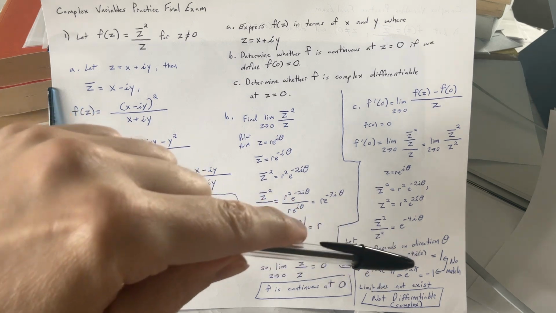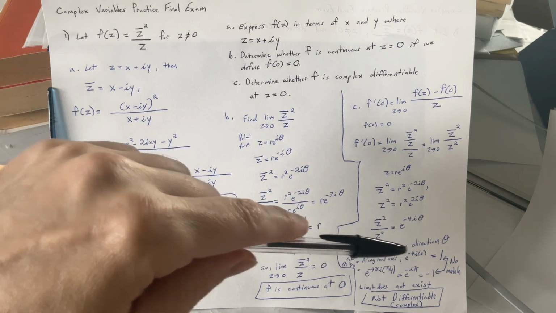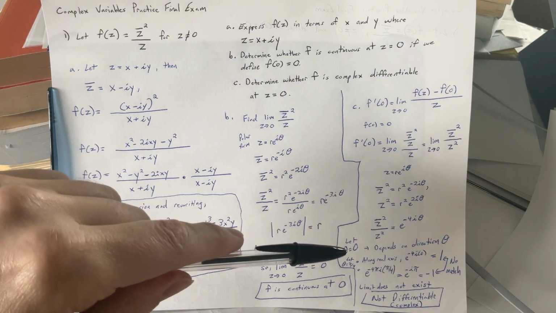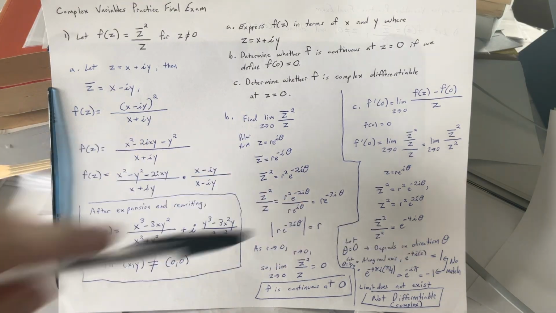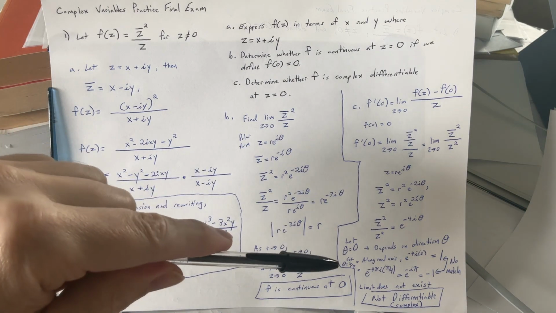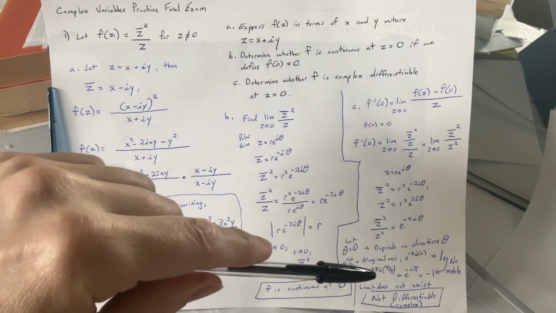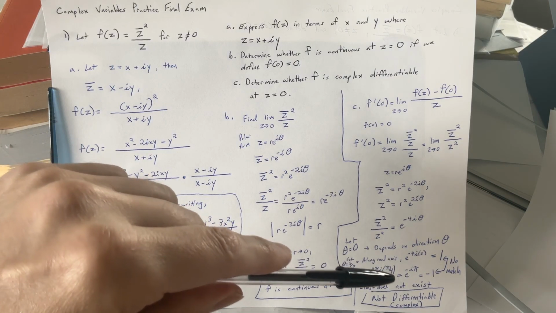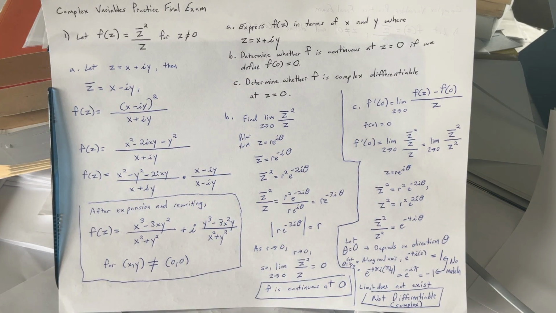Now here, if you take a look, along the real axis, e to the negative 4i, letting theta equal 0, you get e to the 0, that equals 1. However, here, if we let theta equal pi over 4, e to the negative 4i times pi over 4, this is e to the negative i pi, which comes out to negative 1.